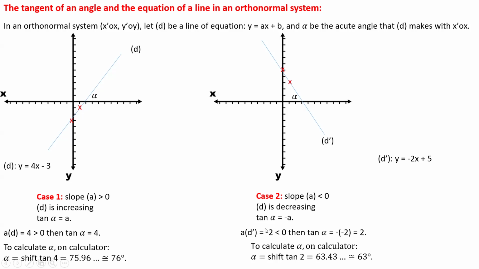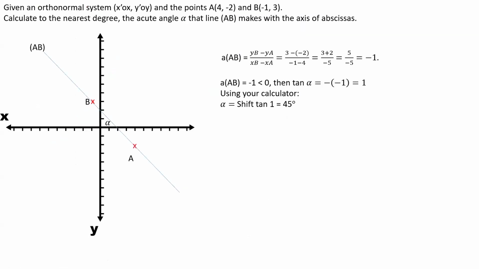Then I say the slope of D prime is minus 2. Since it's negative, tangent alpha is equal to minus the slope, so tangent alpha is equal to 2. I click on my calculator, shift tangent 2, it gives me 63 degrees, so I found alpha. So to find alpha, you should use your calculator after finding the tangent of alpha.